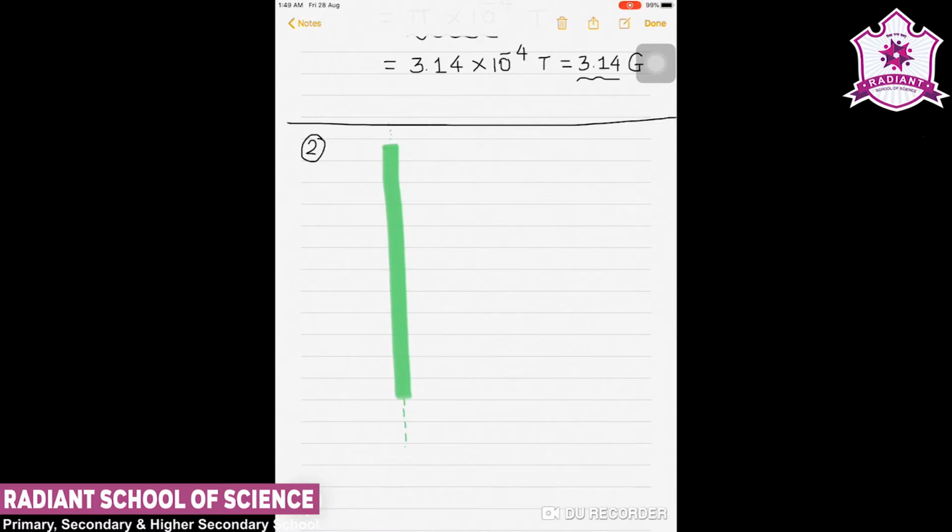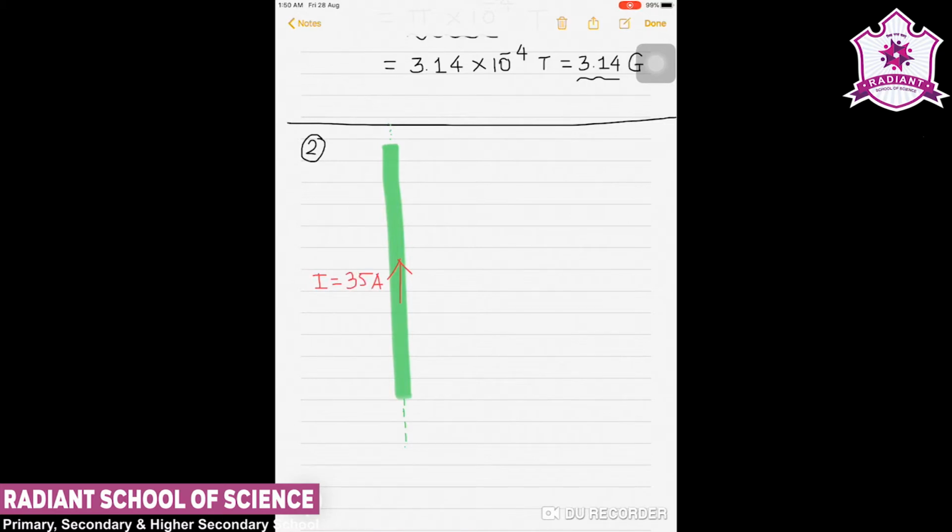Infinite length, and I am repeating because this is the most confusing term, or a very long length, means the length is very long compared to the radius of the cross section of the wire. Here the current flowing through it, I, is 35 ampere.